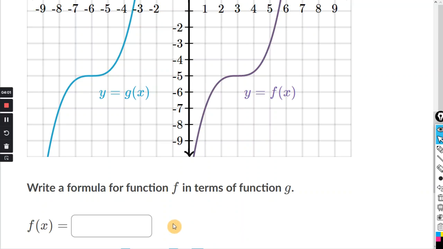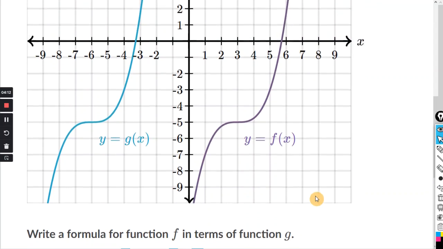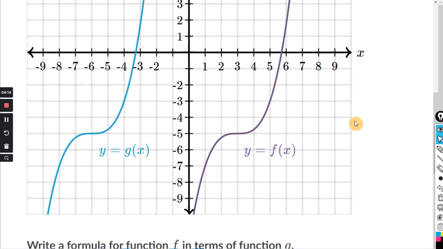So it has f of x equals, and here it's going to be g of x something, because we're writing the function in terms of g. They look like they're matched up, they look like they're the same. And f is basically g, but shifted to the right.